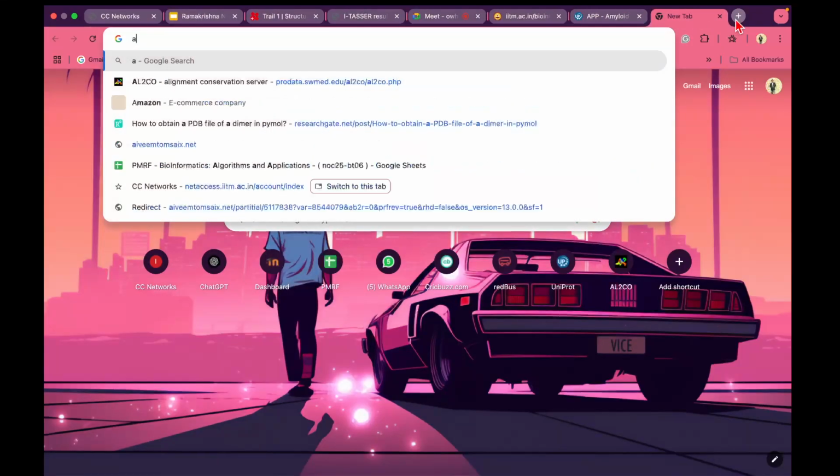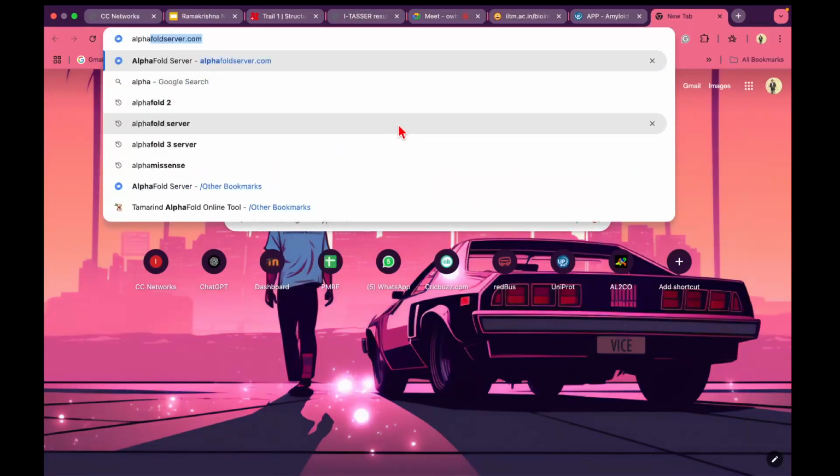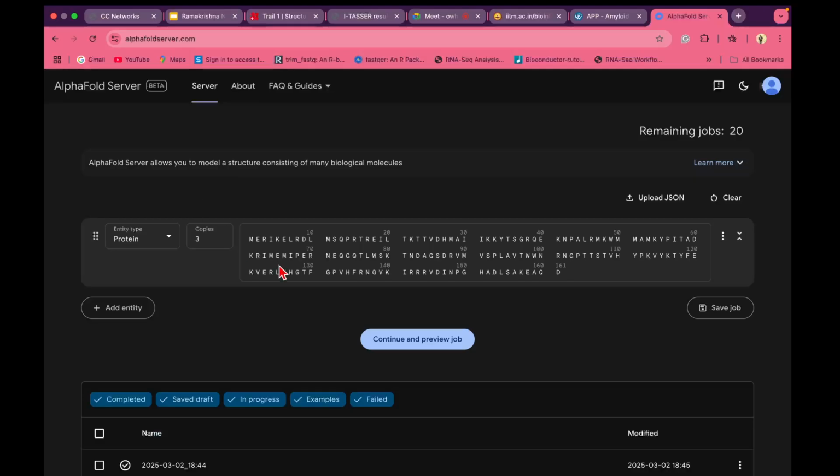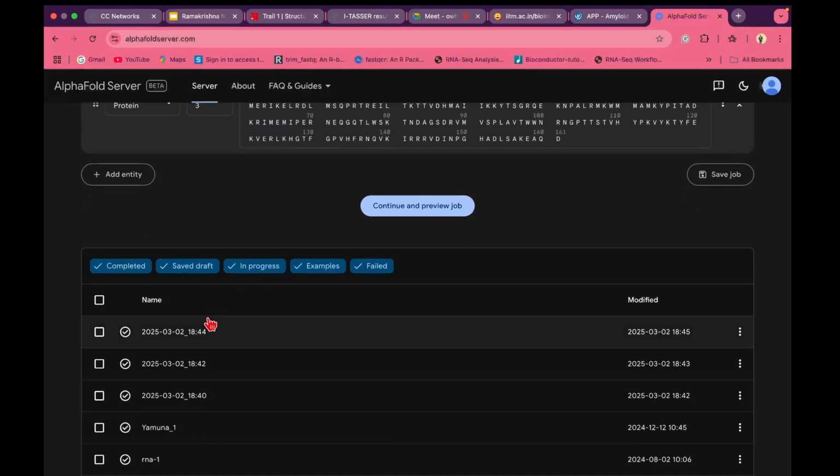Okay, now I'll move to the AlphaFold server as well. AlphaFold has a server which has been recently launched. I think in the last class we have done this AlphaFold.